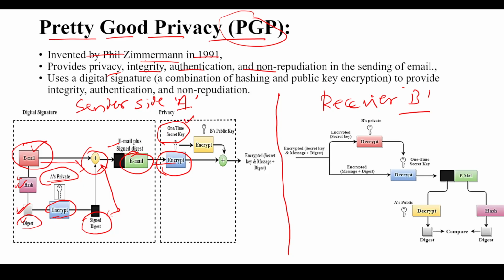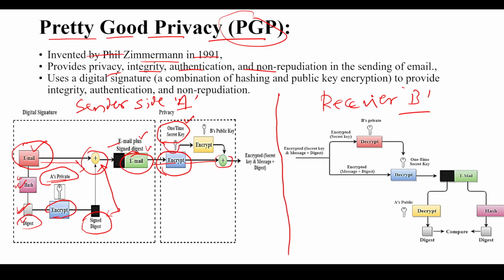So the combination of signed digest and original message is again encrypted through the one-time secret key. And then the encrypted message will be added with the encrypted key. See, here is the key of this algorithm. We are encrypting the combination of email and signed digest through the one-time secret key.